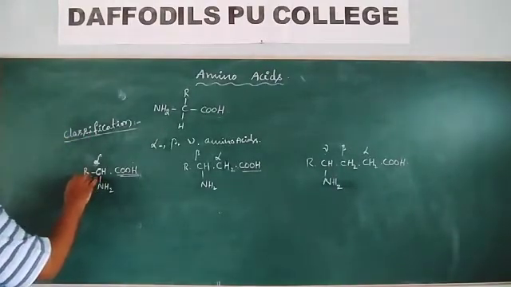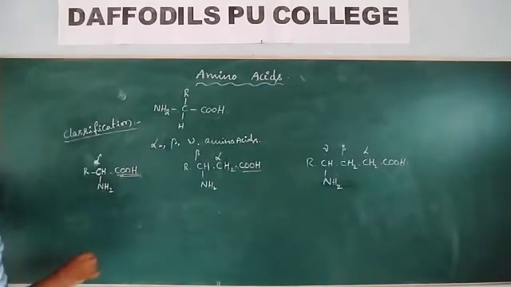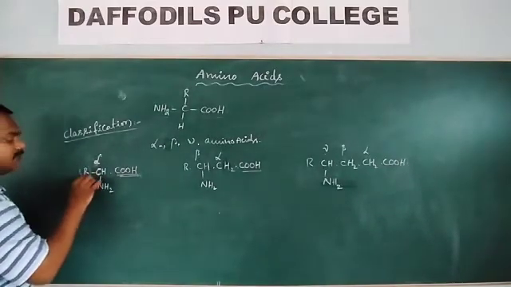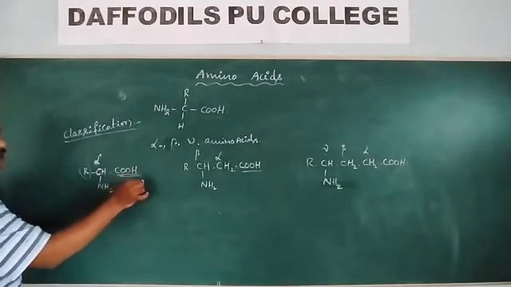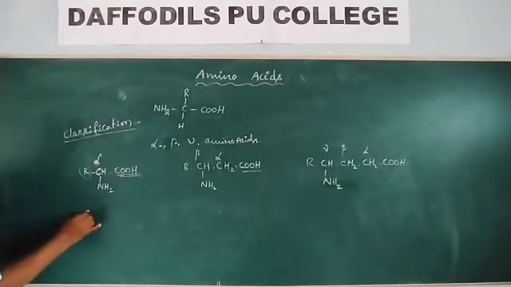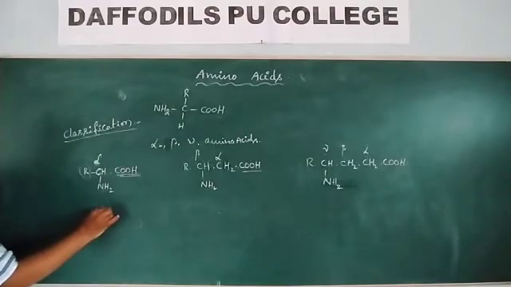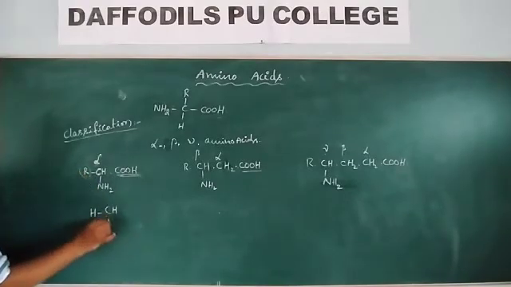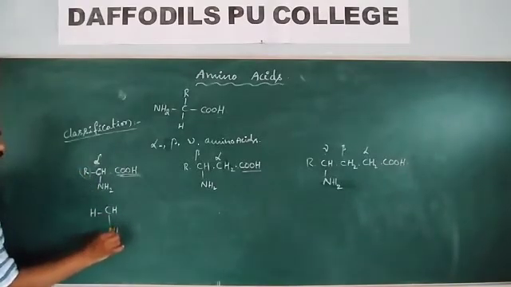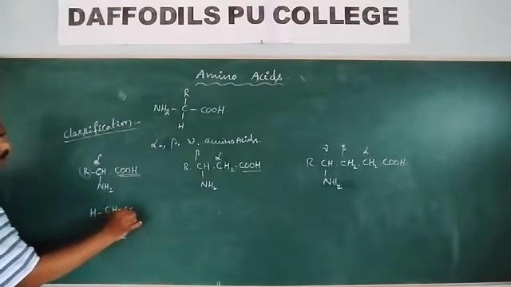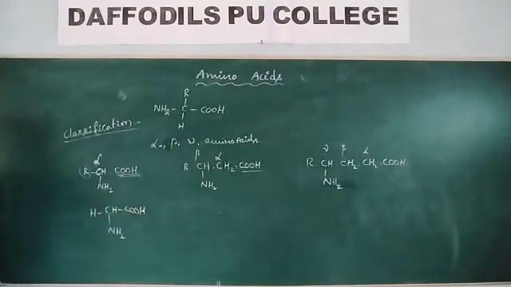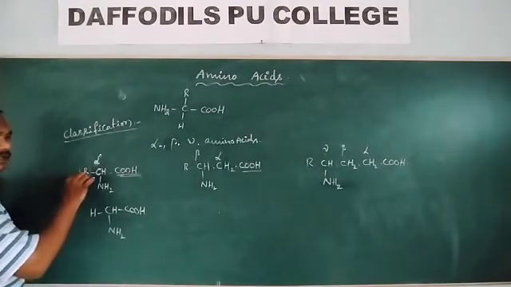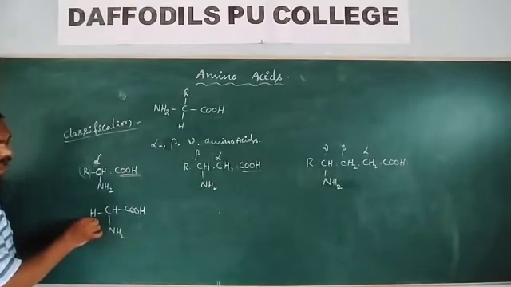The R group will change. Instead of R, if different groups are substituted, we will get different kinds of amino acids. Instead of R, here I am writing H. The COOH remains the same. Instead of R, different other groups are substituted.